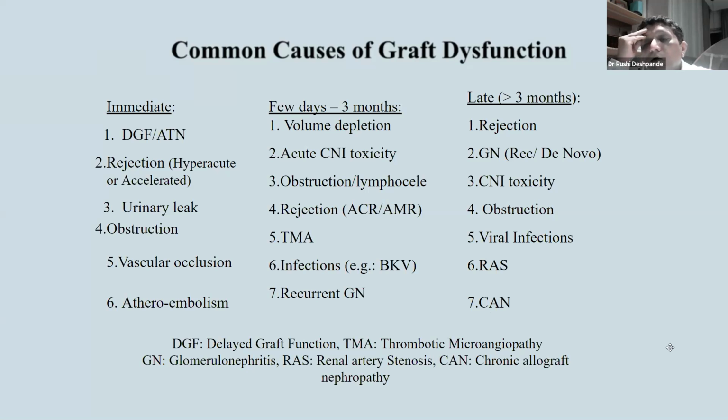Glomerulonephritis, either recurrent or de novo, like I said, some forms of glomerulonephritis like MPGN and IgA usually recur later than 3 months post-transplant. Calcineurin toxicity, usually dose related, is seen in this range, where you decrease the calcineurin according to your levels. When I say calcineurin, I mean both cyclosporin and tacrolimus. So decreasing the dose of that can lead to improvement in the renal function.